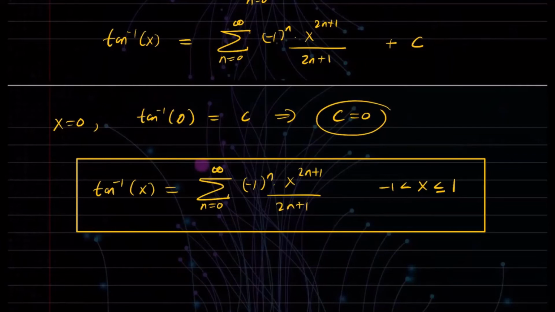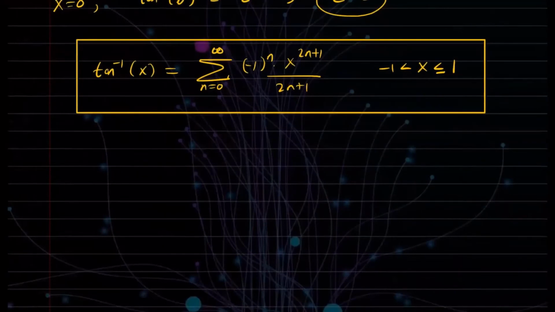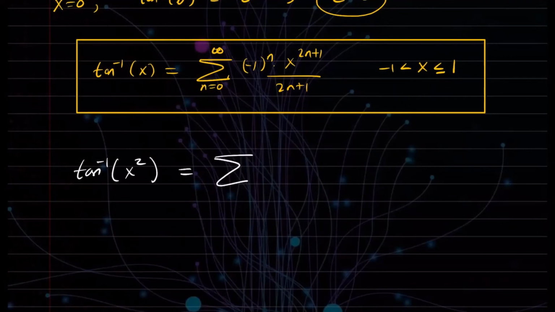Now let's go ahead and take a look at another problem very similar to this, so you get used to playing around with this idea. So what would be the power series representation of tangent inverse of x squared? So how do you write this as an infinite sum? Well, the idea is pretty straightforward actually. We know what tangent inverse of x is in power series.